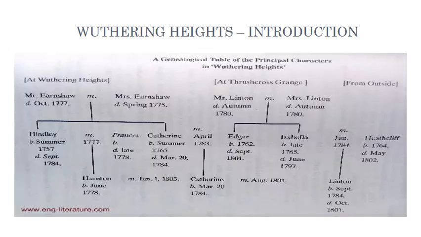All these things we'll learn. It will help us understand who all the characters in this novel are. We also find three generations: Earnshaw, Hindley and Catherine, and Hareton. So three generations are layered in the genealogical table.